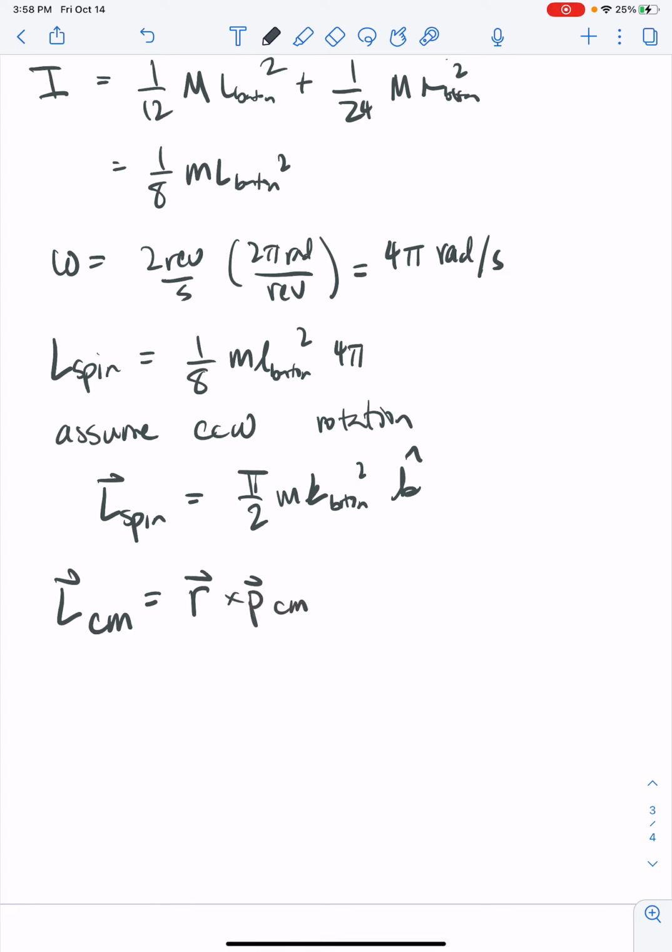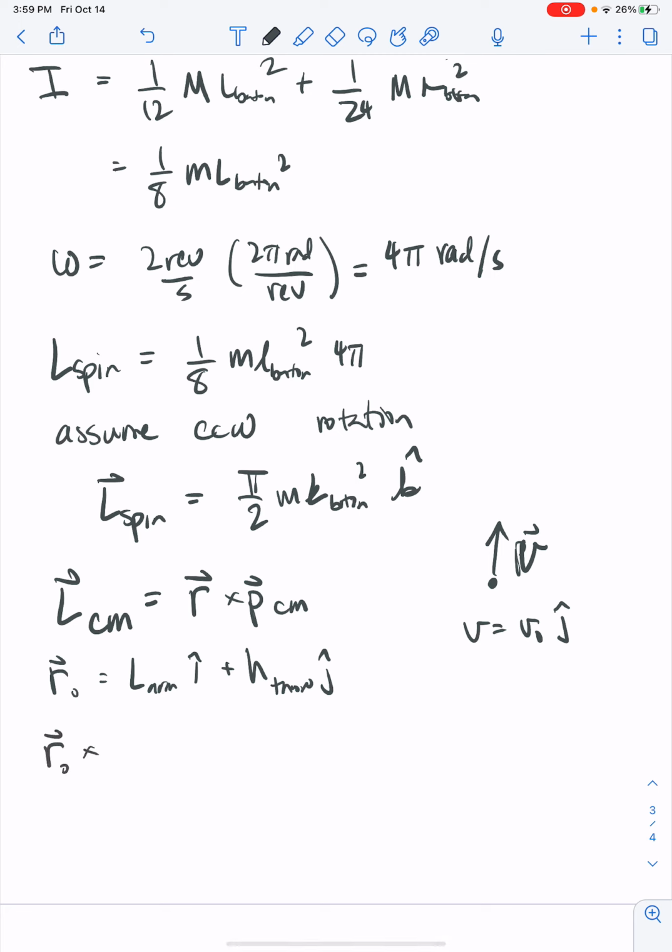So we found our initial R at the beginning, which was L arm i hat plus H baton, or H throw, we called it, j hat. And then the initial V is V naught j hat, heading upward, right?